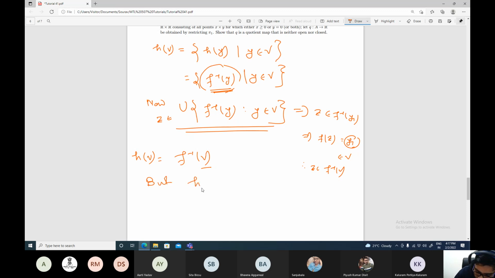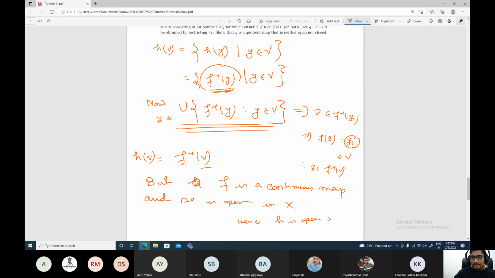But F is a continuous map, right, and so this set is open in X. Hence, H is open. Clear? Yes, sir.